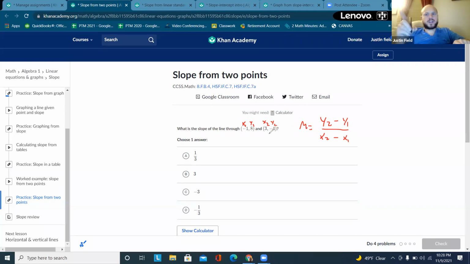Not exponents, but tiny numbers on the bottom of the variable. It's called a subscript. And then, see, this is our x1, so that's going to go in where you see x1. So we're going to draw a fraction, and I'm going to put that -1 there. The minuses are part of the formula.